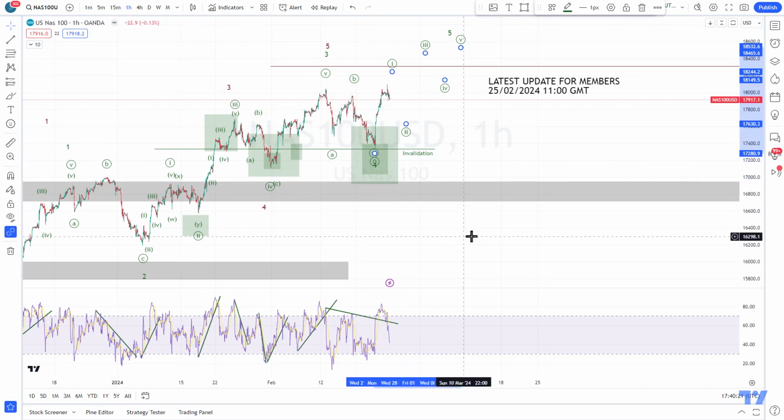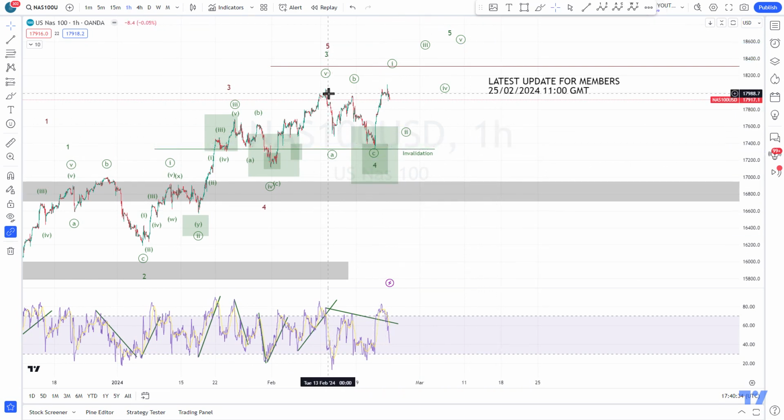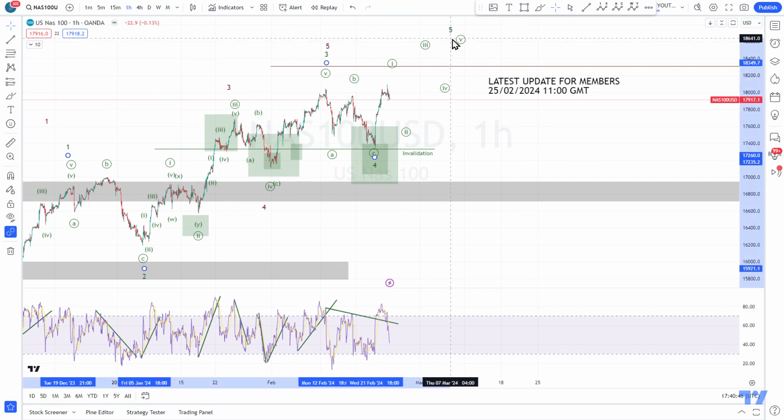Actually, the true invalidation level would be here, the wave 2 low. So we can still have a wave 4 taking out the low right here. That's still a possibility. But okay, most bullish situation is, again, this was the corrective move. The corrective move was in, and we start a new impulse up, be it our fifth wave to the upside.